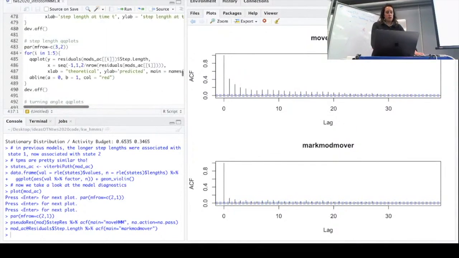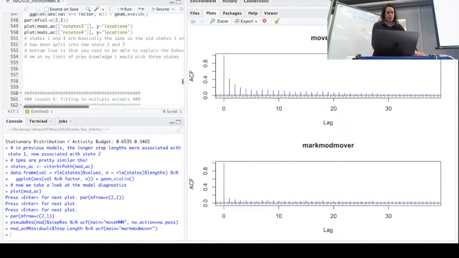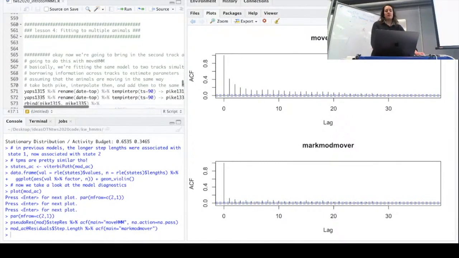Let's see, what else do we do? Here, I show in lesson 4, in moveHMM, you can actually fit these to multiple animals. You assume that two different animals, or three different animals, or however many, have the same movement characteristics. So two different pike in the same lake are probably going to move the same. They might not be using the same habitat, but they might be moving in the same way.